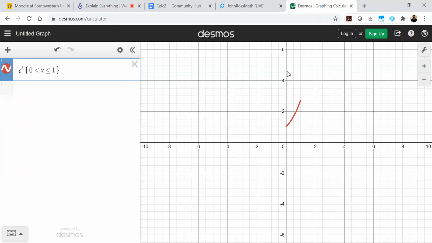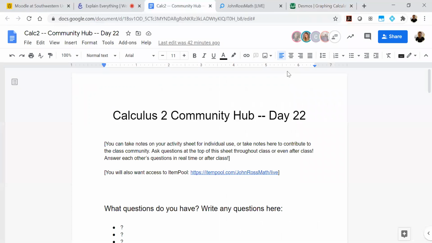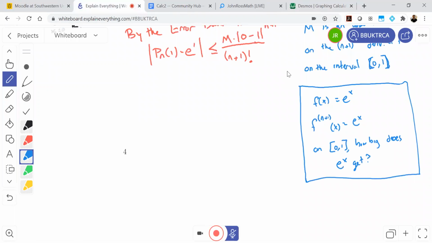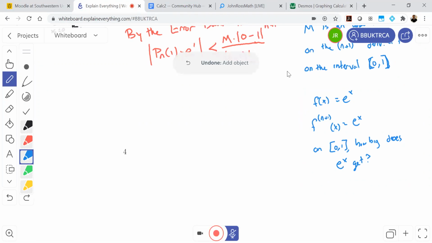So a good upper bound for e to the x is e to the 1. So m equals e is a good choice.